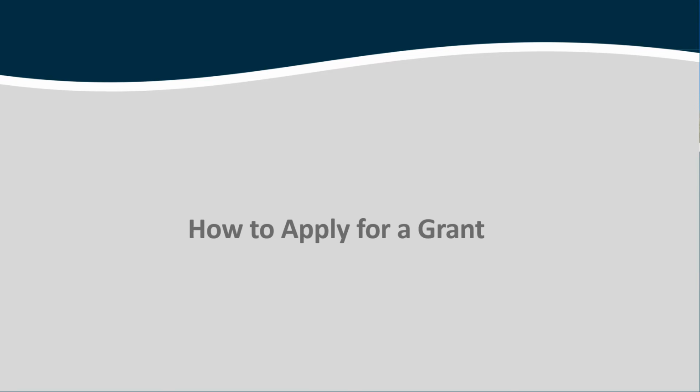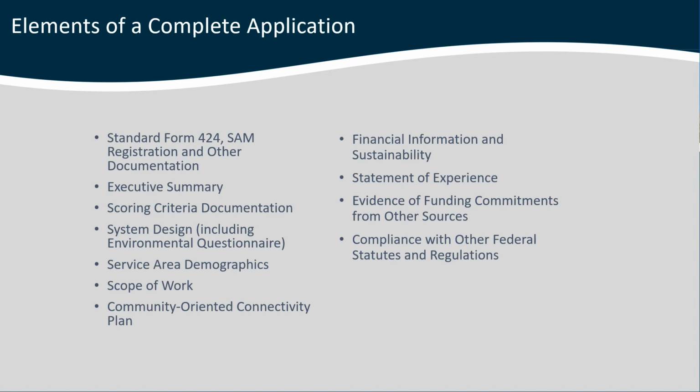So having gone over the overview of the program, now we're going to get into the specific components of an application and some discussion of things to avoid, things to do if you want to maximize your chances. These are the elements of a completed application.